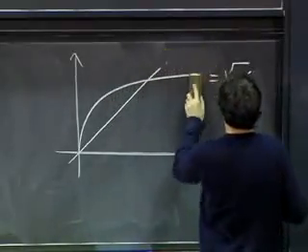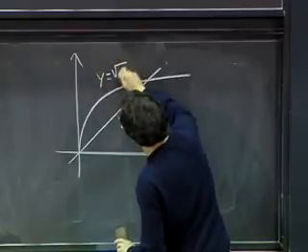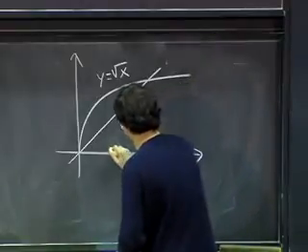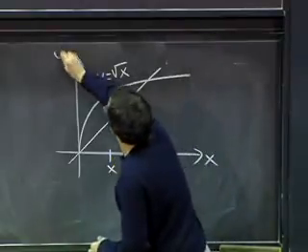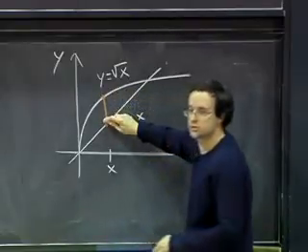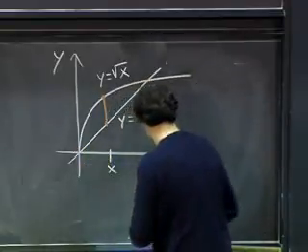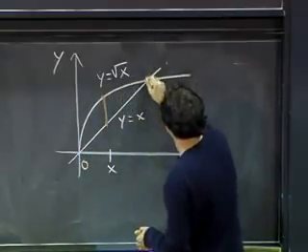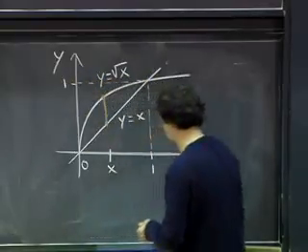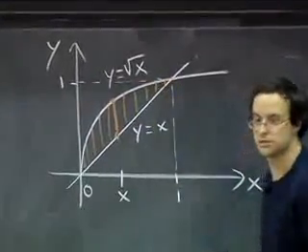For each value of x, I will go from y equals x to y equals square root of x, and I will do that for values of x from x equals 0 to x equals 1, which happens to be exactly where these curves intersect. So my region will consist of all this.